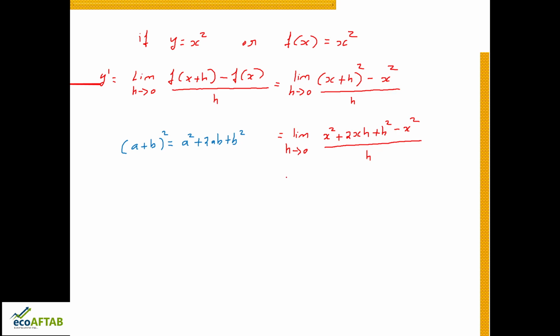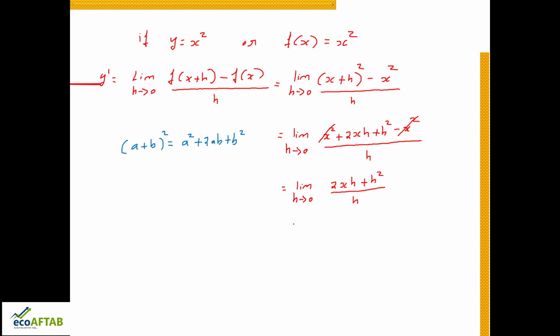So here if you see, we are having plus x square and minus x square. So this thing gets cancelled with this thing. So what remains with us is limit h tending towards 0, 2xh plus h square, the whole divided by h.